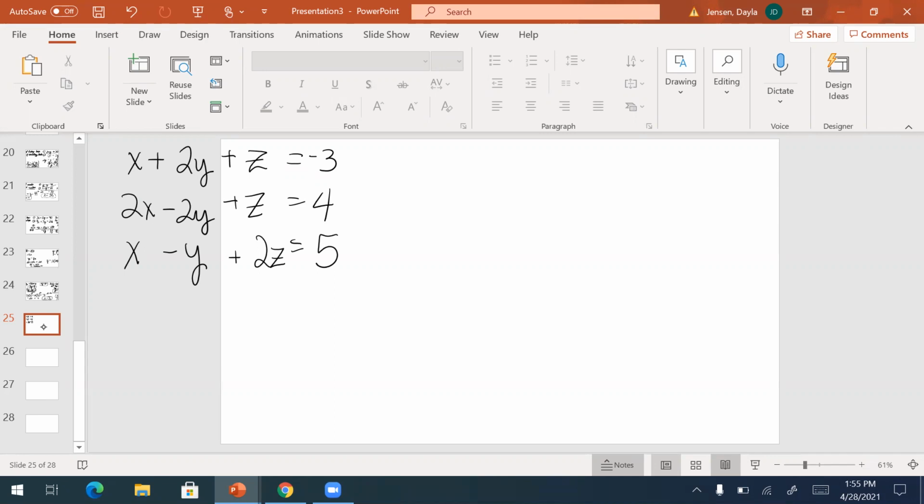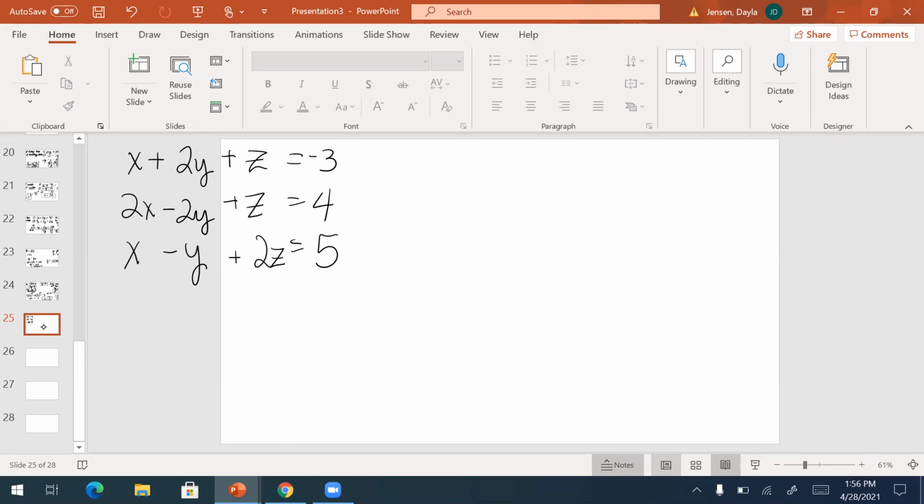So remember, I have 3 variables, 3 equations. Somehow I want to eliminate or substitute. I'm going to eliminate and get myself 2 equations with 2 variables unknown.